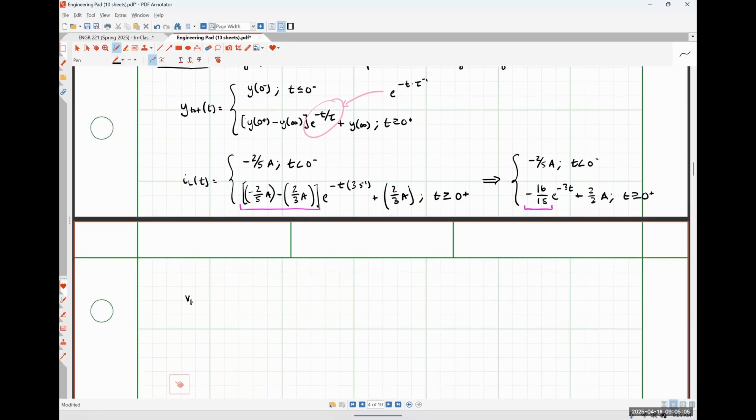So now let's figure out VR of t using the exact same process, right? What was VR at 0 minus? 8 volts, thank you. What was VR at 0 plus?